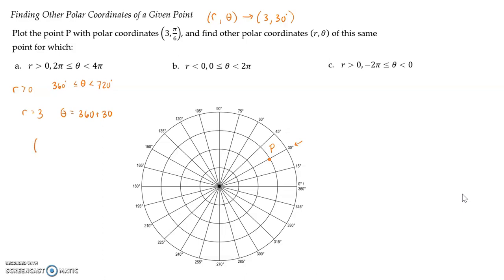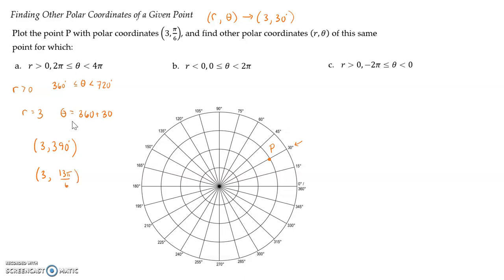So our new point here is going to be 3, and angle measure wise we'll have 390 degrees. If you want to list this in radians, this is the same thing as the point 3, 13 pi over 6.